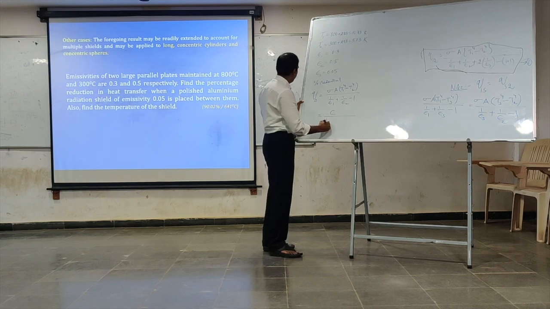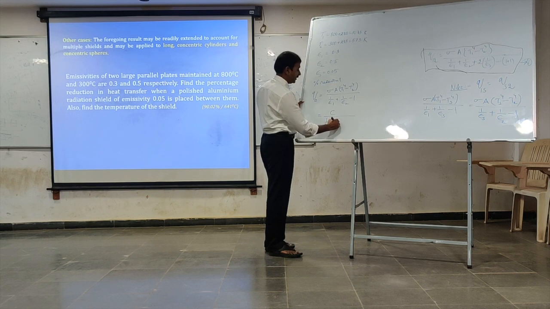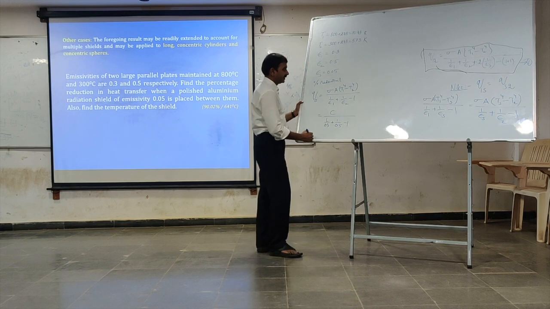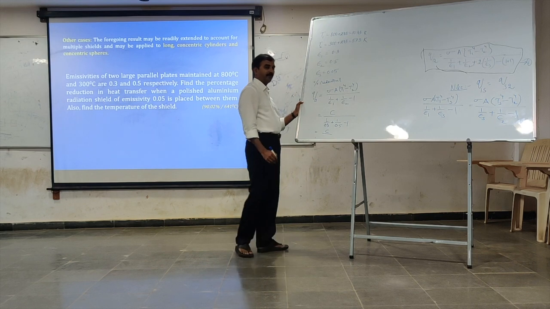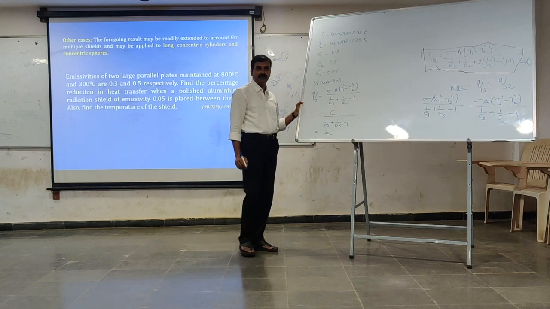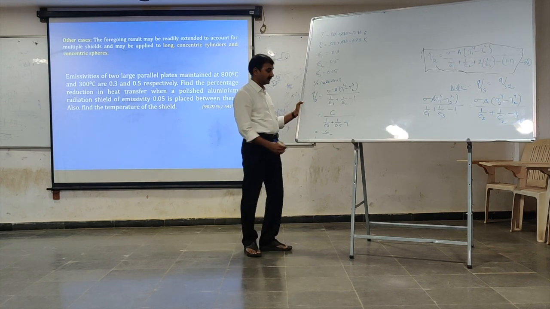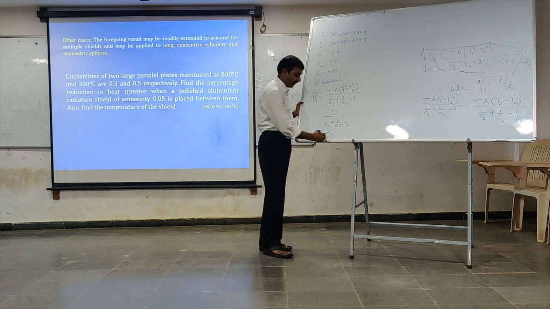Divided by 1 by epsilon 1, which is 0.3, plus 1 by epsilon 2, which is 0.5, minus 1. This is equal to C by, someone may tell me this value. 4.333.